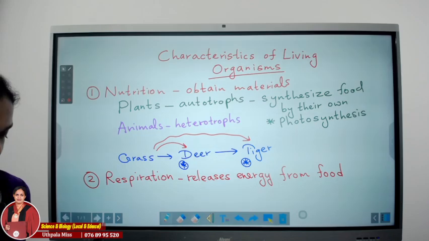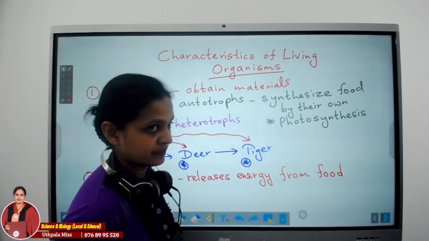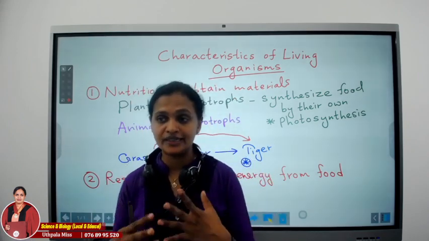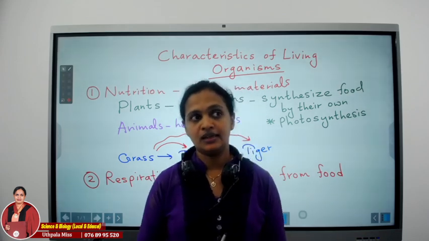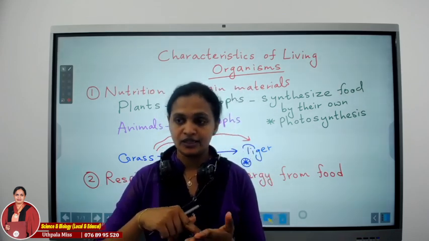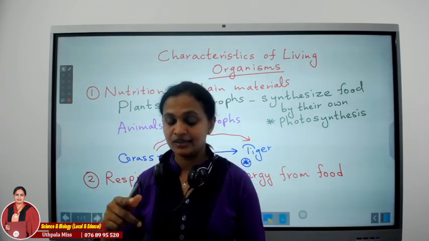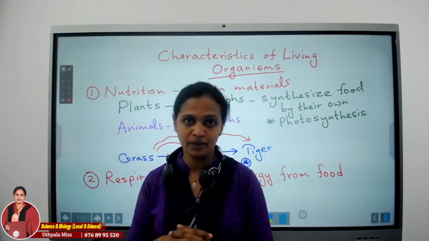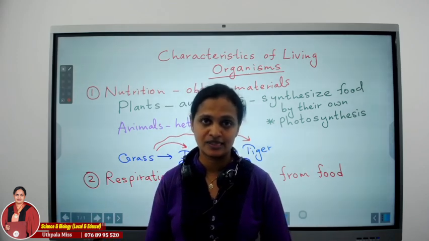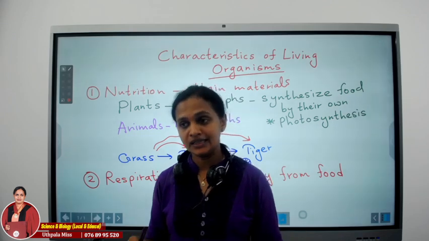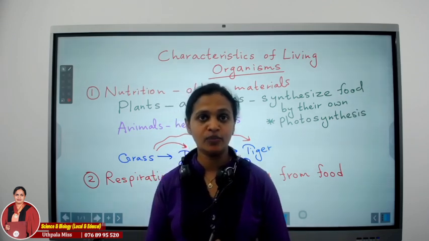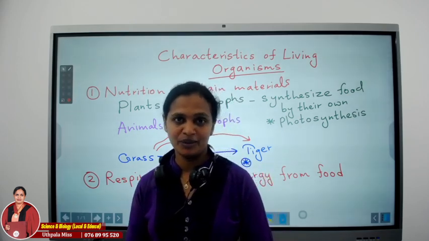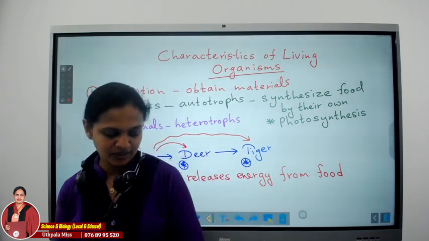Then we have the ability, the living organisms have the ability to control the internal conditions, right? For example, if we take the blood glucose level, then the body temperature. So these are some of the factors which are maintained at an optimum level. We call this as homeostasis. Maintenance of the internal environment of the body at an optimum level. So you can mention that also.